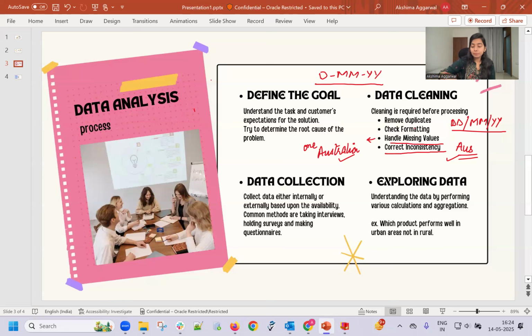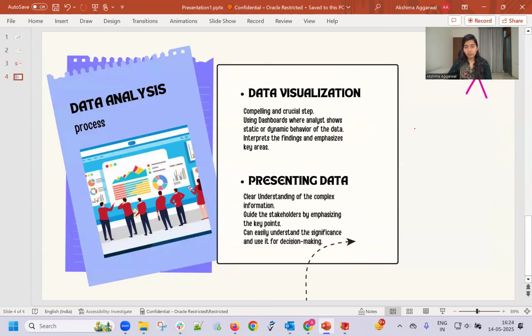Next is data visualization. Now the question arises, why is data visualization necessary? If we have explored the data and taken out the key insights for the various questions, the customer might be a technical or a non-technical person, right? If he's a technical person, then he is able to understand your language very well. But if he is a non-technical person, then he is not able to understand the things very well.